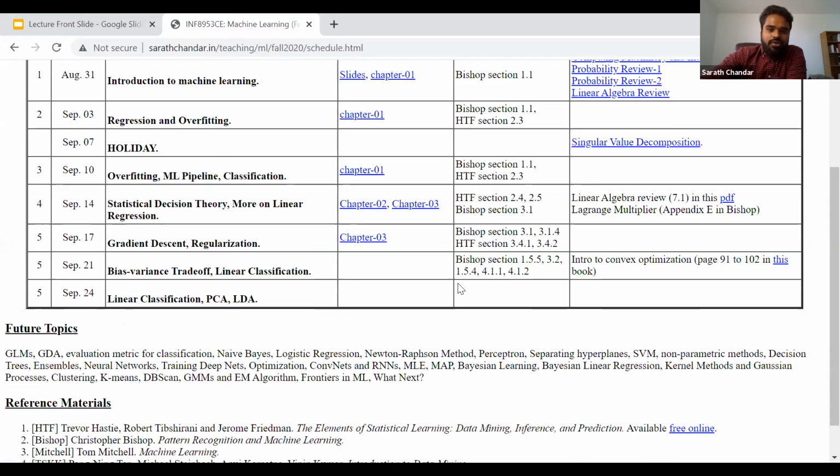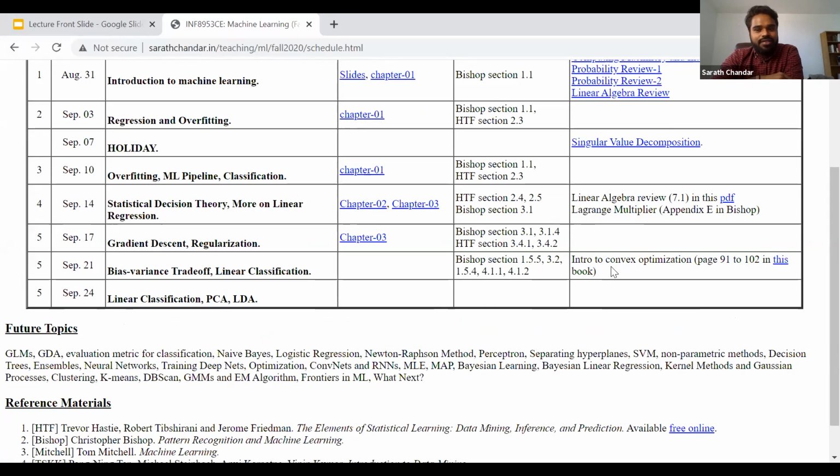I'm not sure if you guys are regularly following the reading materials. The reading for this week was already posted, which was the linear algebra review and the review about Lagrange multipliers. For the next week, the reading is a bit of intro to convex optimization, which is also already available now, in case you finish reading for this week.